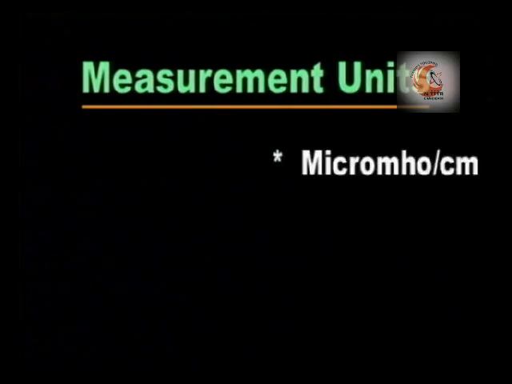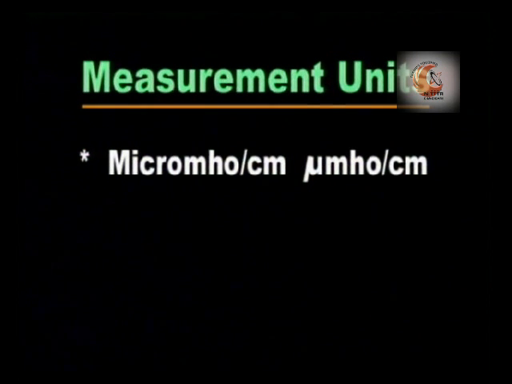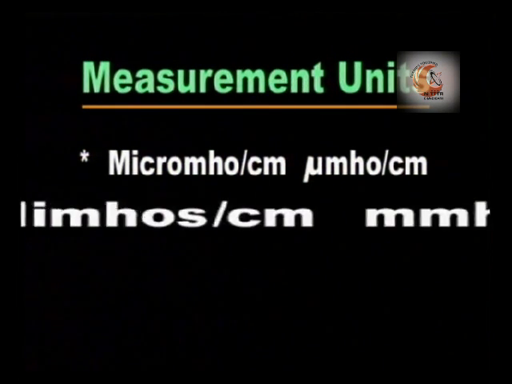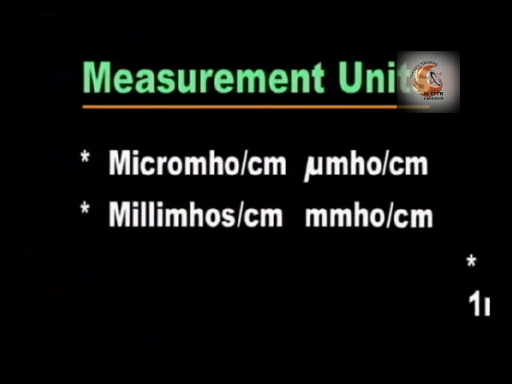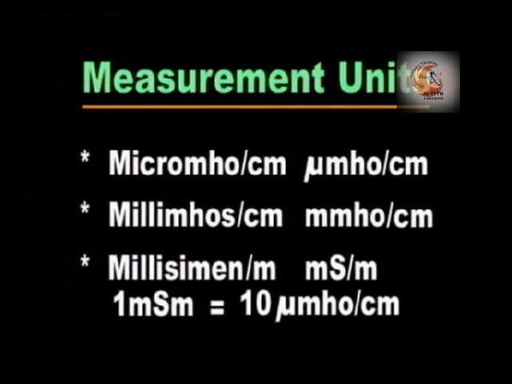Conductivity is measured in terms of micromhos per centimeter, or a bigger unit is millimhos per centimeter. Another unit of measurement is millisiemens per meter. The instrument used to measure conductivity is called a conductivity meter.